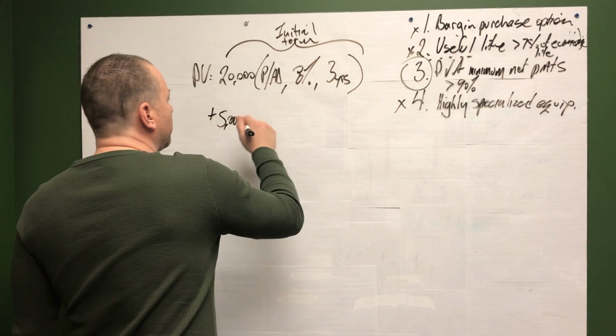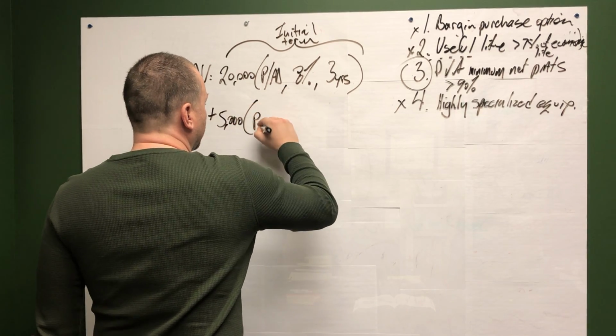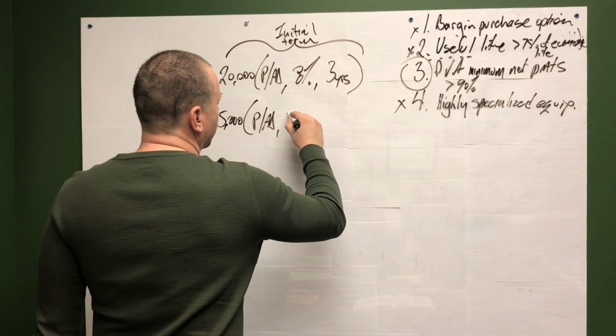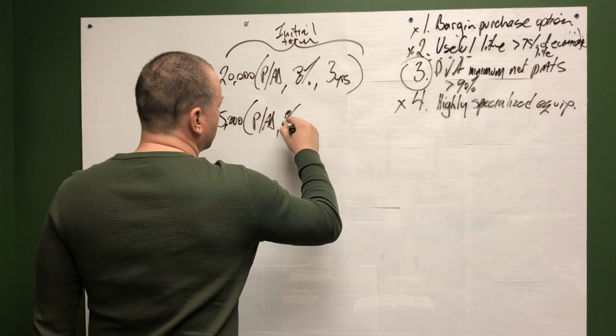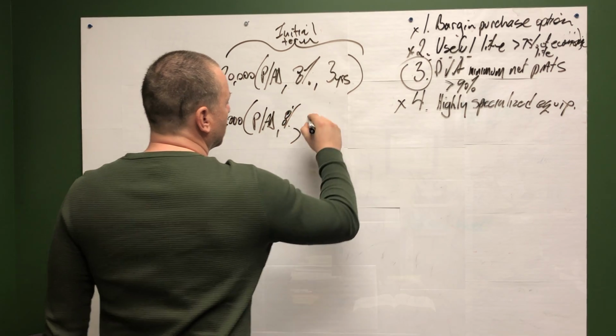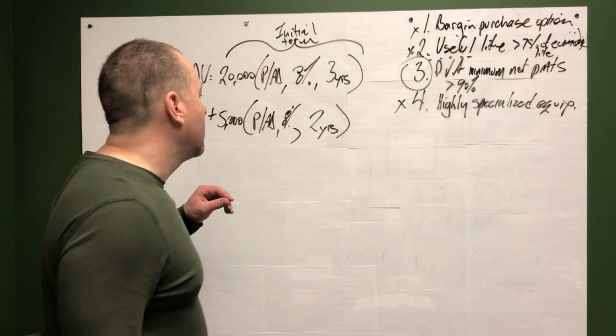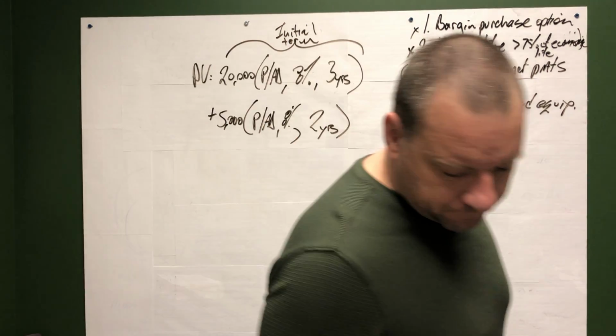Then plus 5,000 P over AD, again 8%, 2 years. We got to go one step further though.